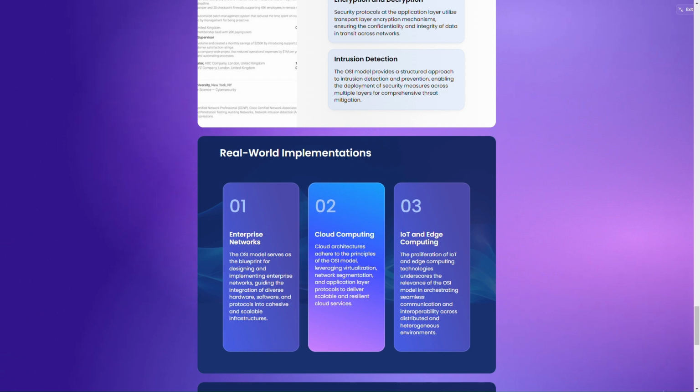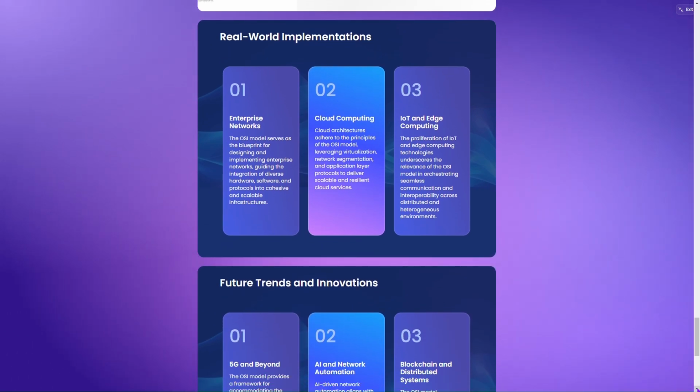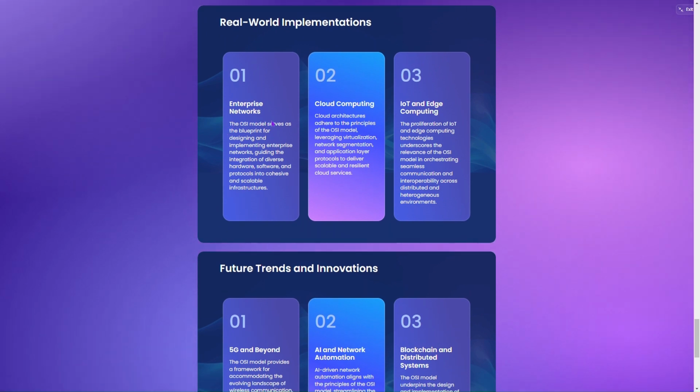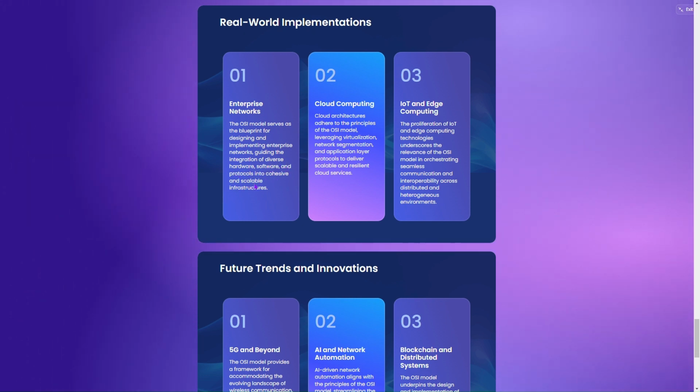Real-world implementations. 1. Enterprise networks. The OSI model serves as the blueprint for designing and implementing enterprise networks, guiding the integration of diverse hardware, software, and protocols into cohesive and scalable infrastructures. 2. Cloud computing.